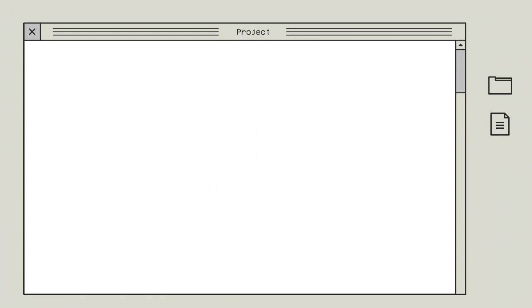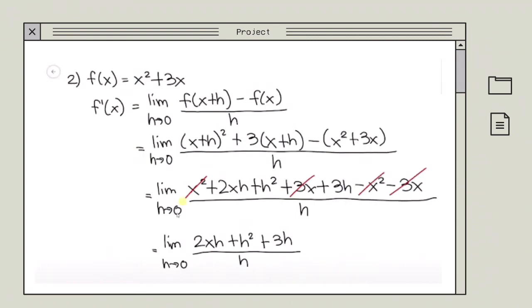So, as we proceed, we are going to solve another problem that will help teach us how to find the derivatives. So, for problem number 2, f of x is equal to x squared plus 3x. To find its derivative, we're gonna use the formula f prime of x is equal to the limit of f of x plus h minus f of x all over h as h approaches 0.